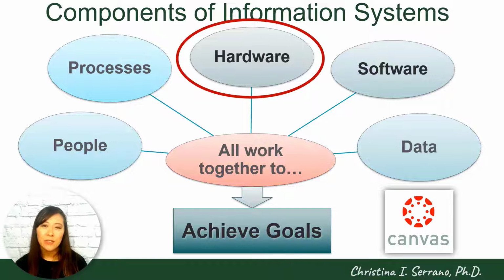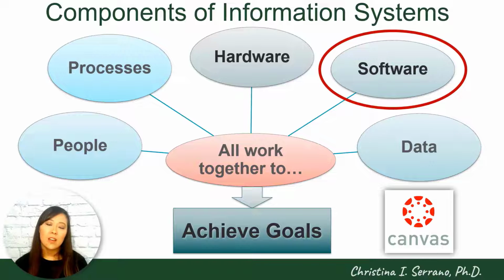The hardware needed for Canvas is anything that has a browser, like a laptop or a mobile phone, and the hardware needed for an internet connection. There are also the servers that manage the core software and data. The software would include a compatible browser, or some of you might also use the Canvas app.